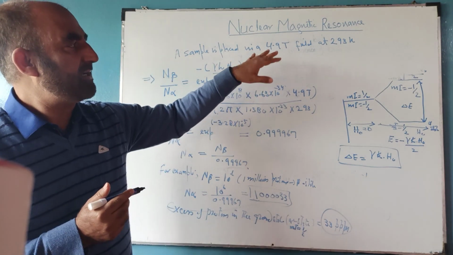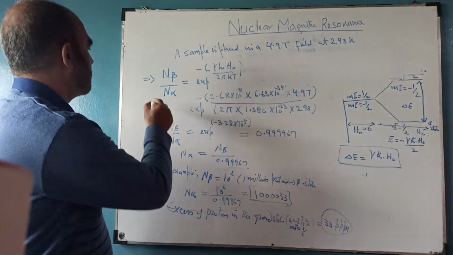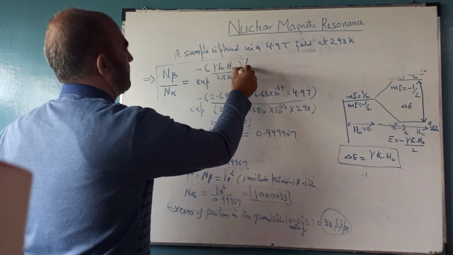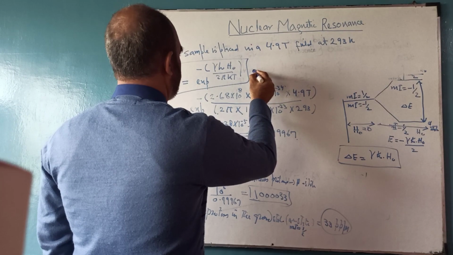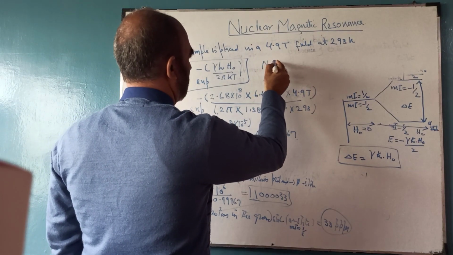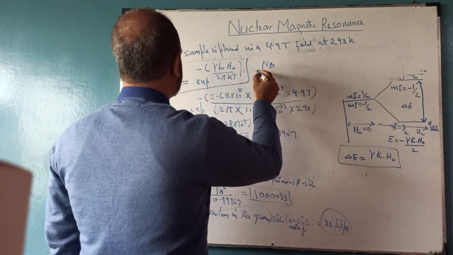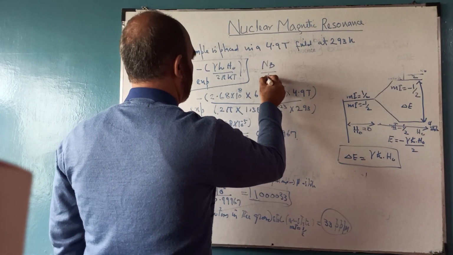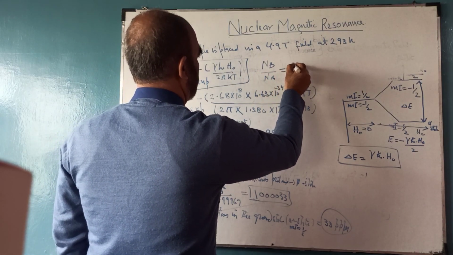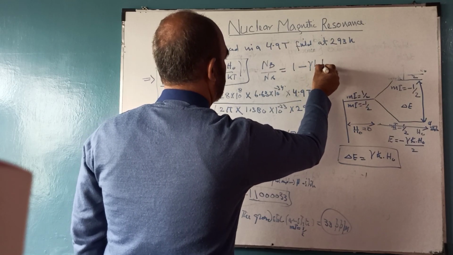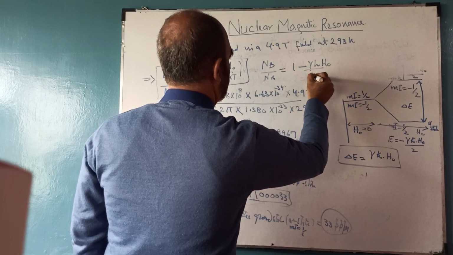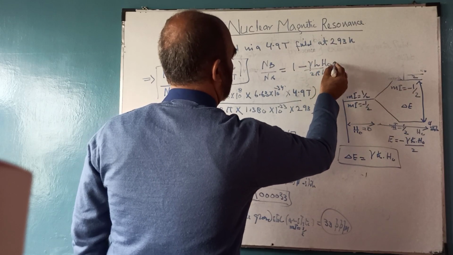Now if we change the magnetic field, we see from this expression that it can also be written like this, and alpha is equal to 1 minus gamma h naught by 2 pi kT.